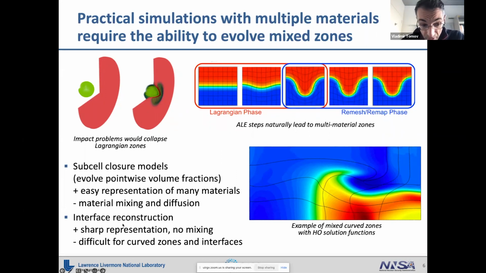This would be great if it can be done because the interfaces would still be sharp, but it's difficult to reconstruct an interface in something like this. Green here is the mixed interface, so you would have to reconstruct a curved interface inside a curved zone. So the approach we took back around 2015 was the closure models.